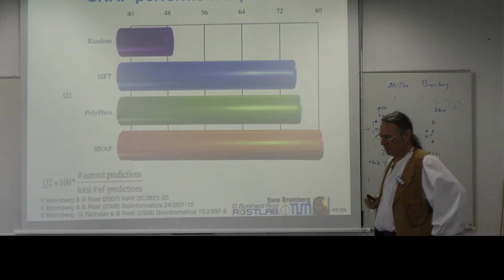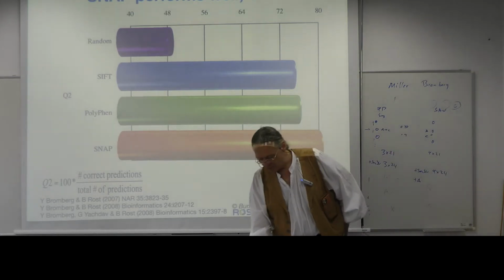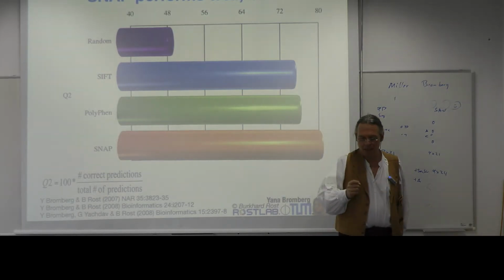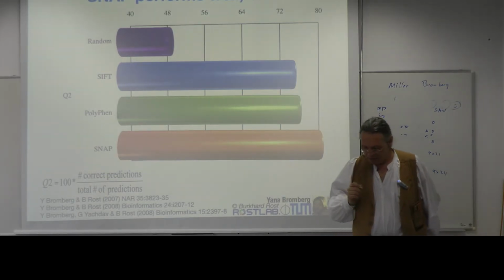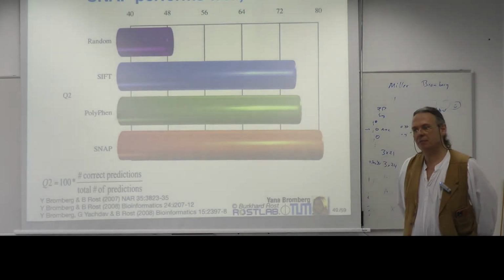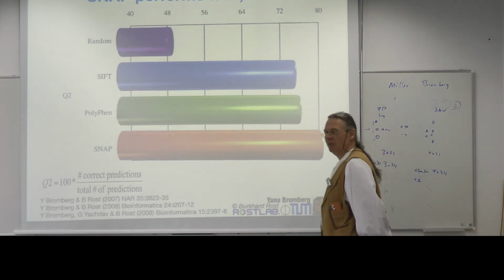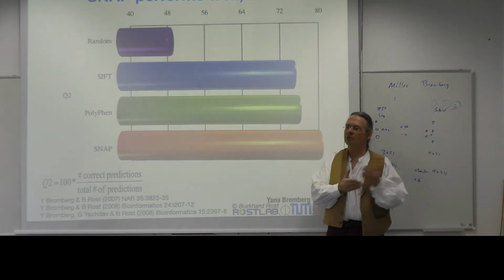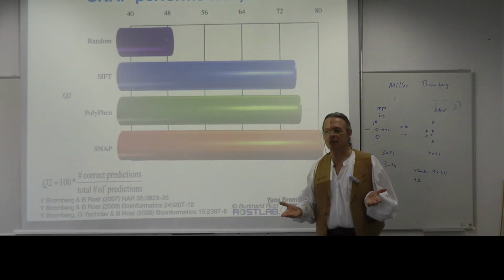Now, in some sense, what I've focused on so far is always this Q2 measure. And there are a bunch of major problems with the methods we have. One problem comes from using something as simple as Q2, because we actually don't know what the ratio between neutral and non-neutral is in nature.